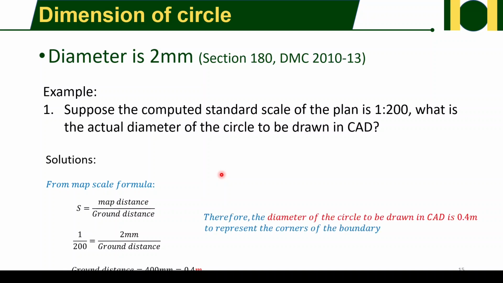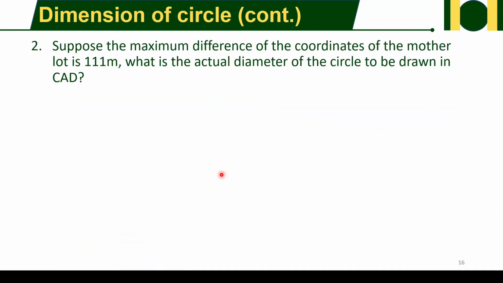So there you go. Another example. Suppose the maximum difference of the coordinates of the mother lot is 111 meters. What is the actual diameter of the circle to be drawn in CAD?